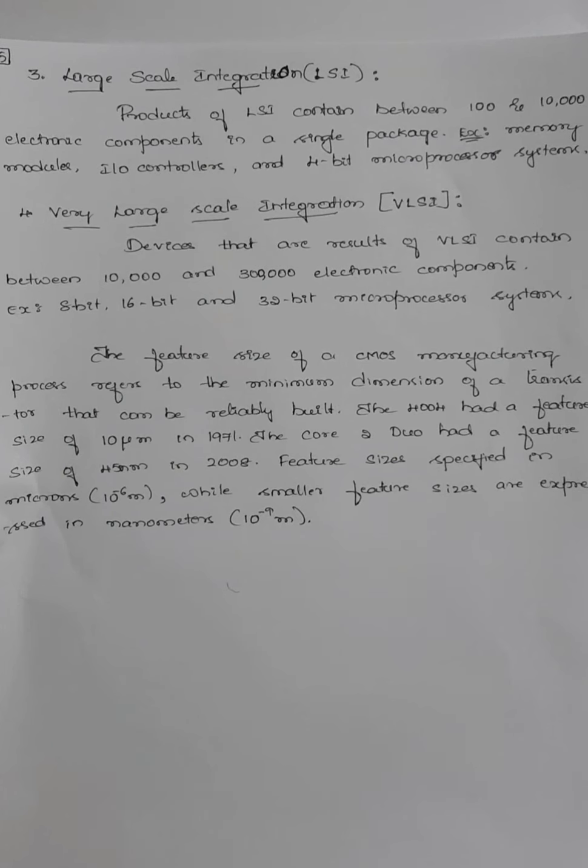Larger feature sizes are specified in microns, that is 10 to the power of minus 6 meter, while smaller feature sizes are expressed in nanometers. This was the introduction to VLSI, how the IC got into manufacturing and how it came into existence.